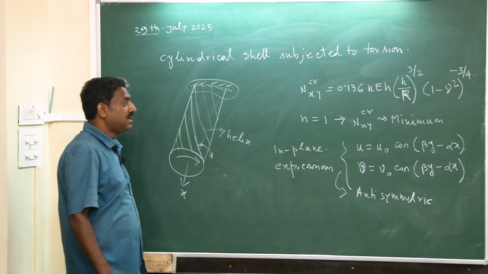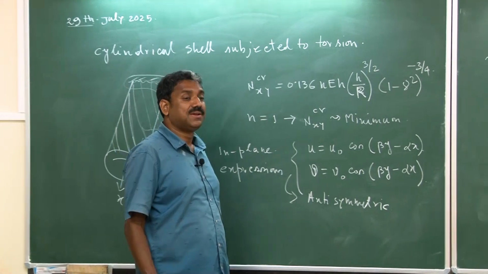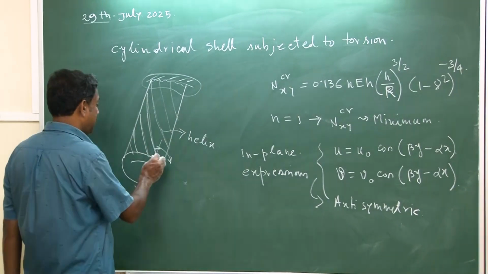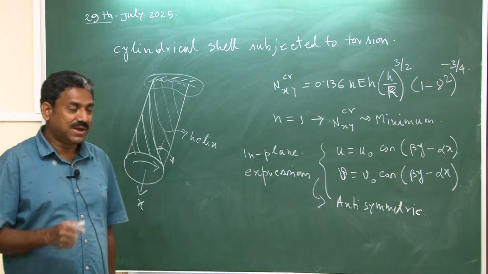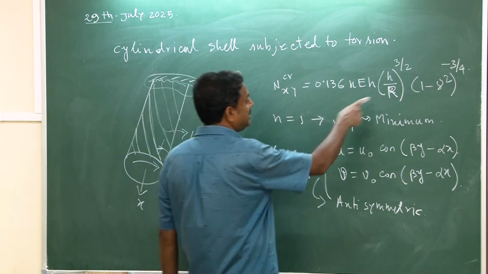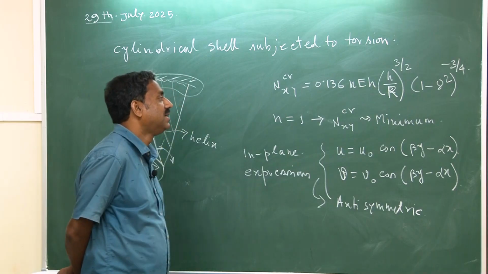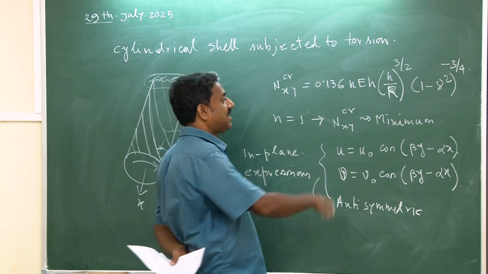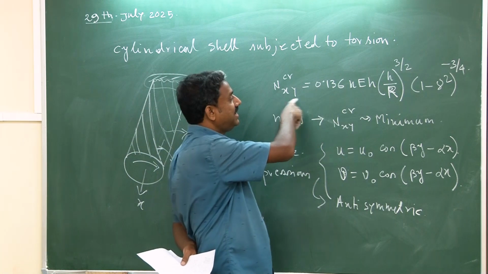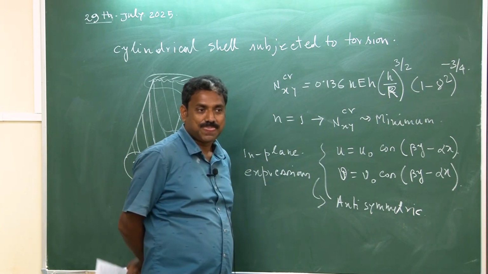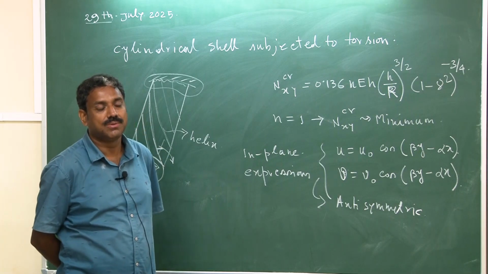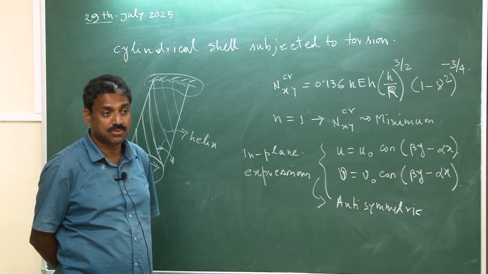Another interesting fact here: when the cell is subjected to torsion loading, you can clearly see that the critical loads for different n, 1, 2, 3, are not closely spaced, they are well separated, right. So, once again there is neither any mode multiplicity nor closeness of mode.